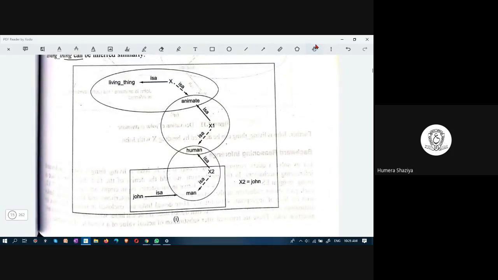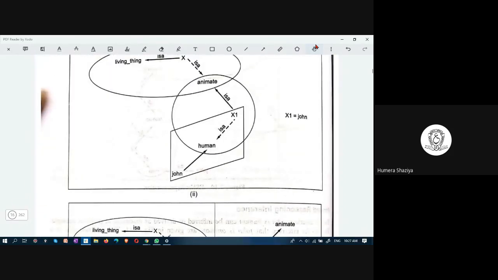Right here, John is a man. Look here, x2 has got a value John now. When x2 equals John, in place of x2 you are putting John, you are concluding that John is a human. John is a man, John is a human.